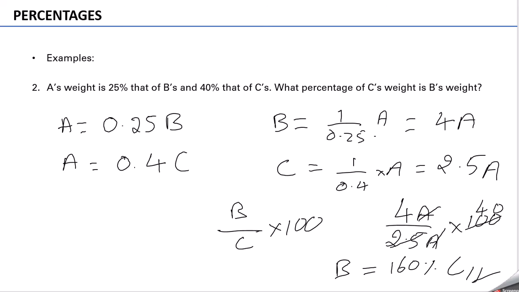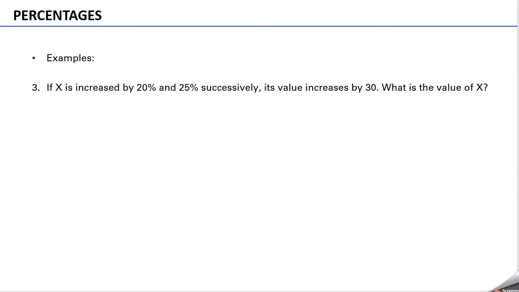Now we'll look at the next example. So this is the successive rise or decrease in percentage. Let's see how we solve this. If X is increased by 20% and 25% successively, its value increases by 30. What is the value of X?